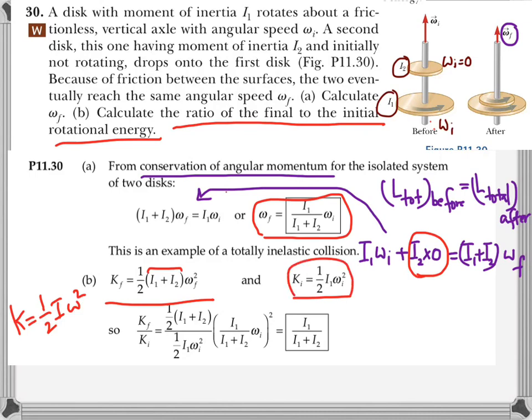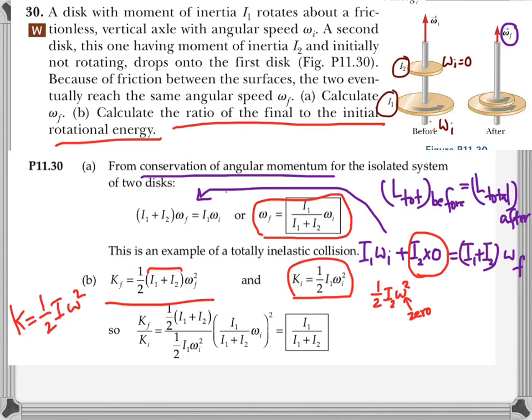For the second object, the formula will be half I omega squared, but for the second object I2, this omega is 0, it was at rest, so we don't have any initial kinetic energy for the second object.